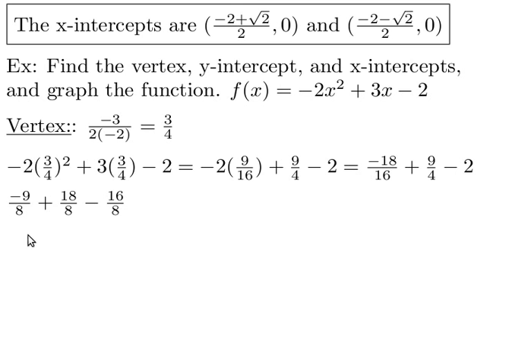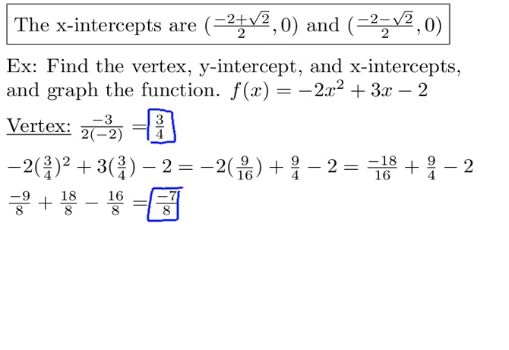So -9 plus 18, that's going to give us +9, minus 16, that'll give you -7. So you'll get -7/8. There are 2 colons there, I just now noticed that. This is the x-coordinate, this is the y-coordinate.